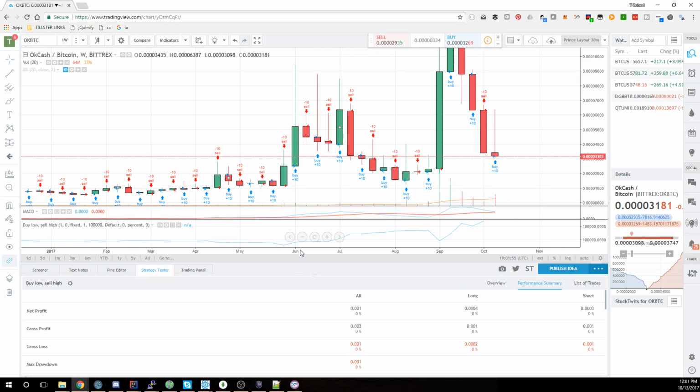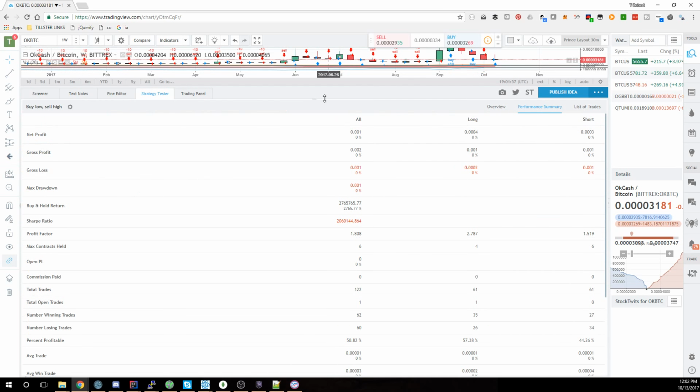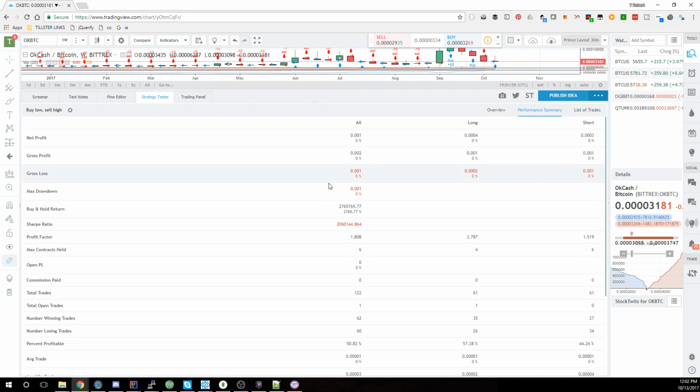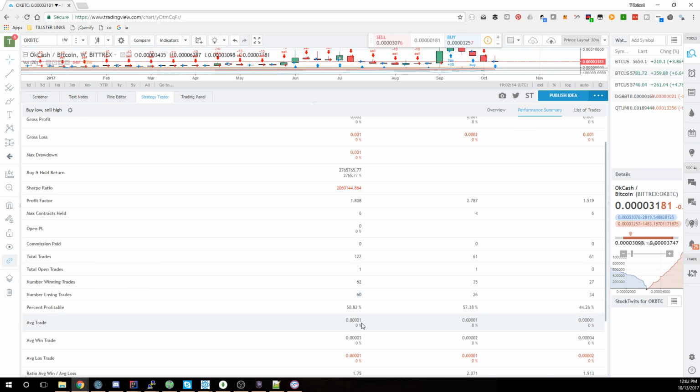And assuming that we're not doing a total clown shoes demo, which we are today, what it would do is compute your buy and hold return against your actual net profit. It would compute how many winning trades you had made, how many losing trades you had made, and your percentage profitable.